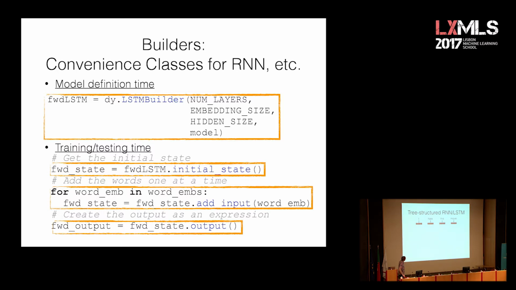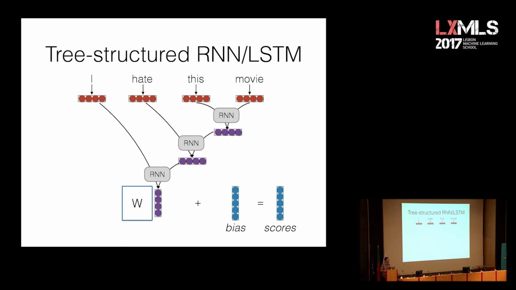So I mentioned at the very beginning that we have structure in language, and that's what Yoav makes his living doing, discovering this structure from language. And there are a number of proposals to use this in a way that will help your task accuracy in neural networks. So one of them is the tree-structured RNN, or LSTM.